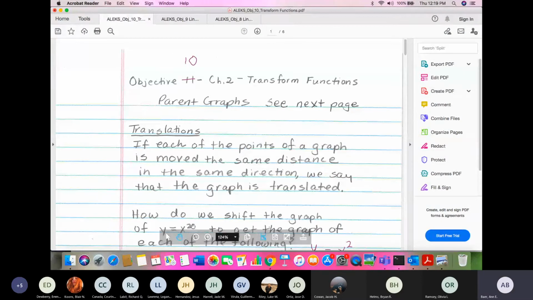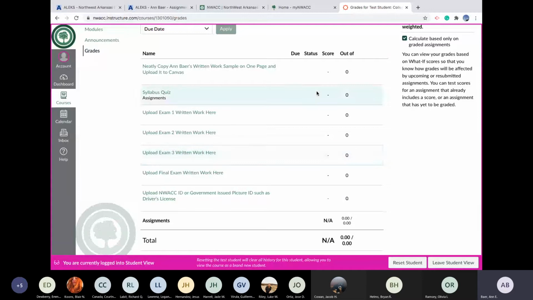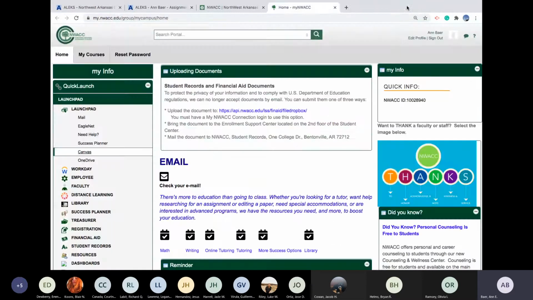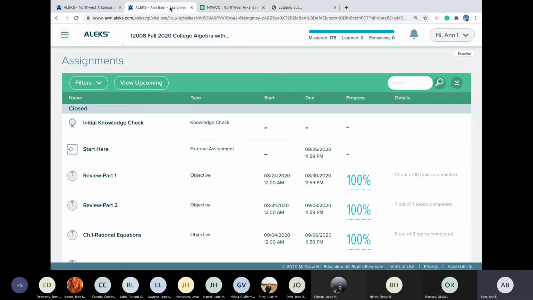So let's go back to ALEKS. I'm going to close this down just so I have less to worry about, and sign out of this. Good housekeeping here. And let's go over to assignments in ALEKS, which is where we were.